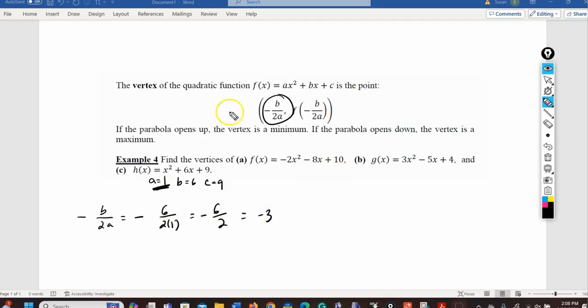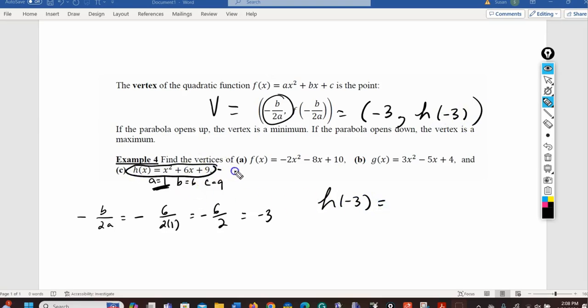So my vertex has as its x-coordinate negative 3. And now the y-coordinate is, well, the function is h. And so the y-coordinate is going to be h evaluated at the x-coordinate. And so to get h evaluated at negative 3, everywhere there's an x, you replace it with negative 3.